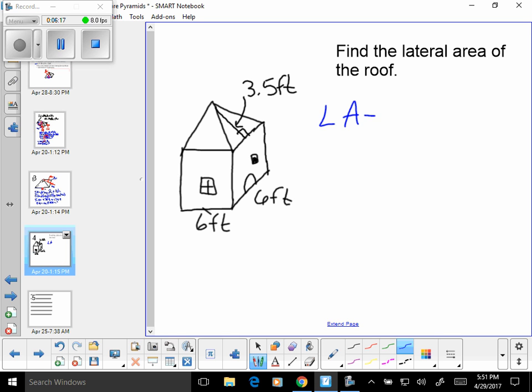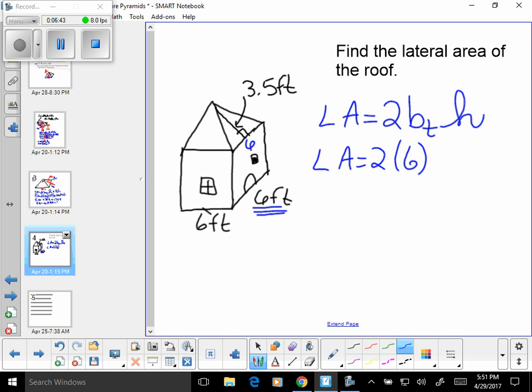Lateral area equals 2 times the base of the triangle and then times that slanted height. So what's the base of the triangle? 6 feet, because this is going to be 6, just like this piece down here. The slanted height is right up here, 3.5.